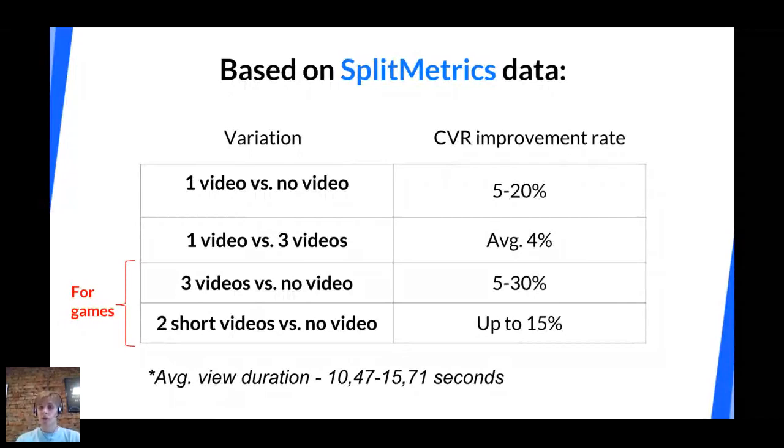There are some interesting results with testing 2 or 3 videos for games. For example, with three videos, we've seen conversion improvement ranging from 5 to 30%, with 2 videos up to 15%. Again, it's only for games. They were achieved just because those games were full of action, with lots of interface effects, like RPG, racing games, action games.